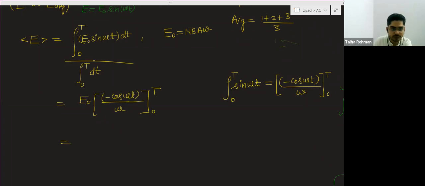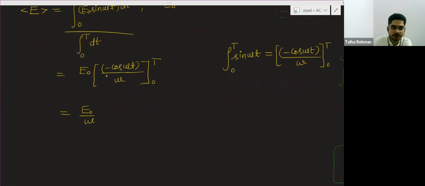So you will get E naught by omega, and you will put the value, and the minus you can take outside. First you will put in this cos omega t the value of capital T, so this will become cos of omega into T minus cos of 0.